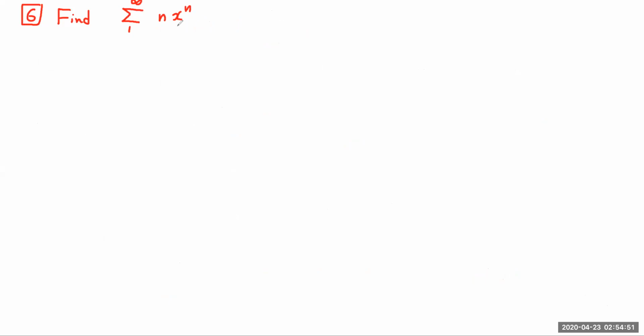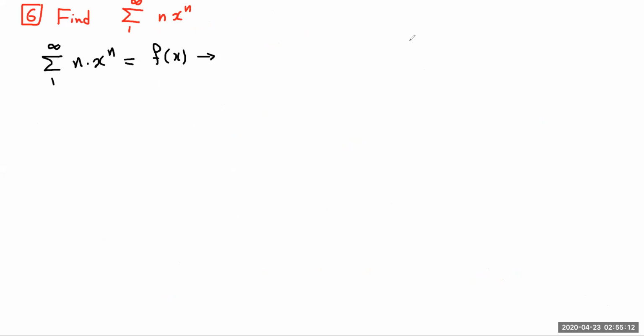Exercise: find sigma n x power n. The idea here is to write this sigma n x power n, if I suppose this is f(x), from 1 to infinity.